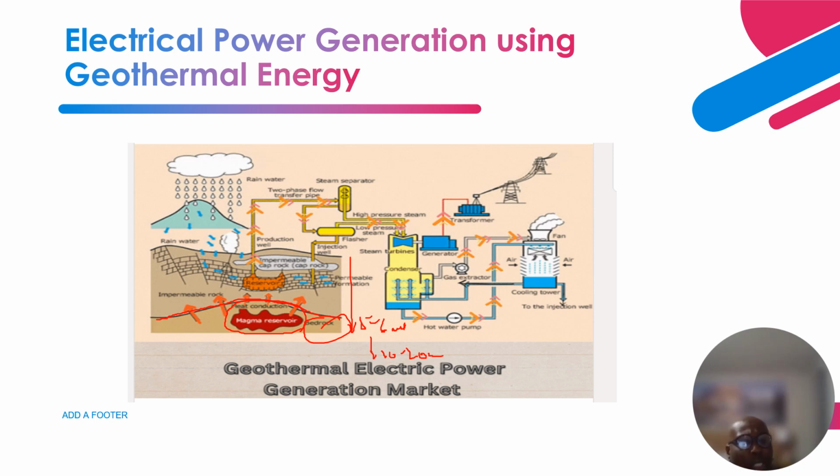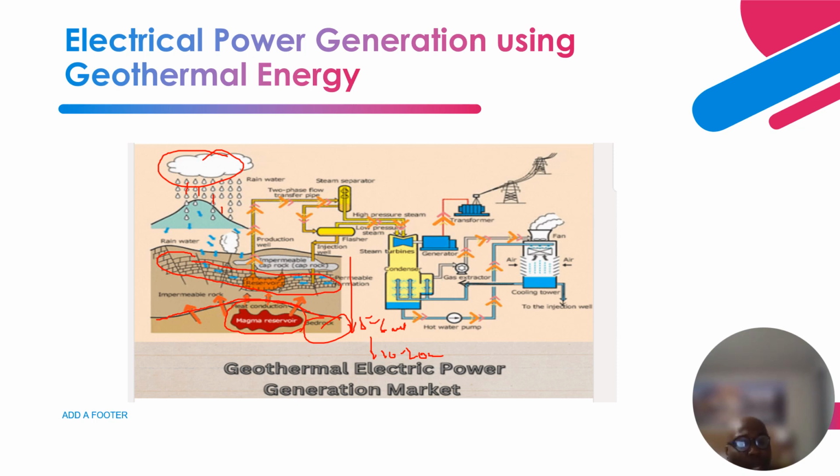Okay, so then you have rain, right? This is the beautiful cloud. Then you have rain that is falling, and you have a permeable layer of rock over here, right? So this rain collects in this permeable layer of the Earth's surface, far below the Earth's surface.